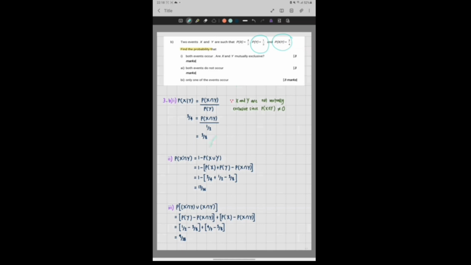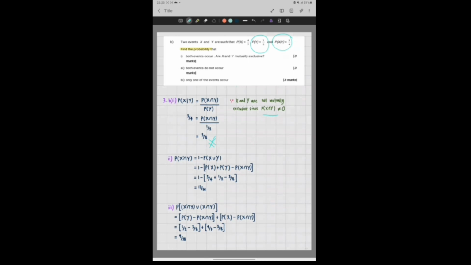So the answer is 3 over 8. Thus, x and y are not mutually exclusive since probability x intersect y is not equal to 0.